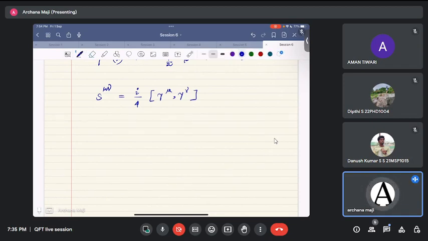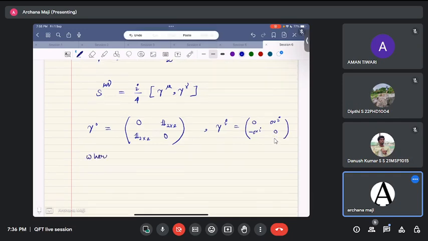So the Weyl basis is as follows: gamma 0, which has a 2 by 2 zero, and the sigmas are the Pauli matrices.